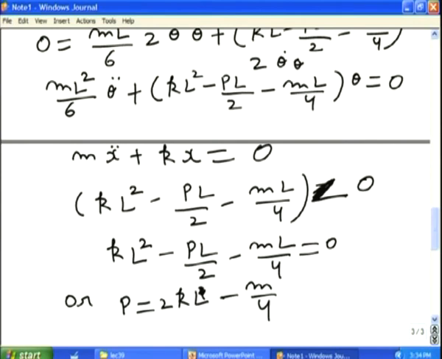If P is less than 2KL minus M by 4, the rod will try to come back to the previous position, and this is how we have obtained the expression for the vibration.